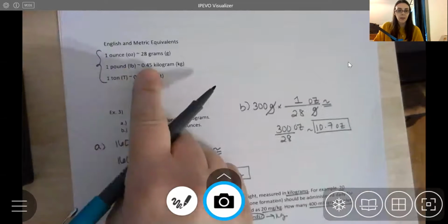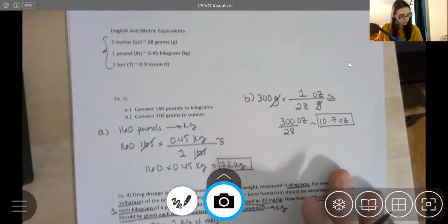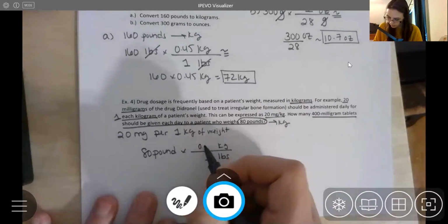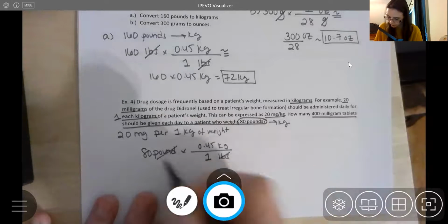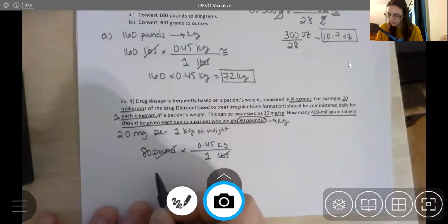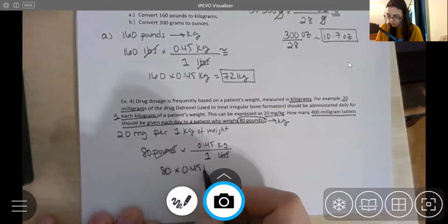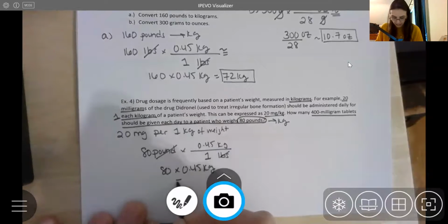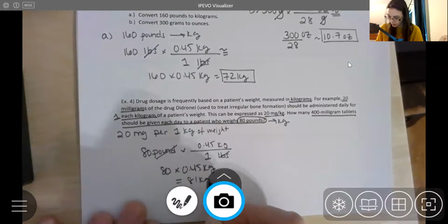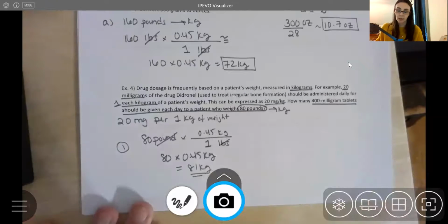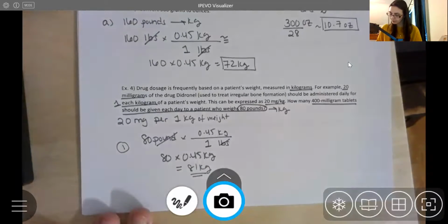So 1 pound is about 0.45 kilograms. Again, dividing by 1 isn't going to really change anything. So I have 80 times 0.45. And I get 81 kilograms. So the first thing is I have to figure out how much this person weighs in kilograms. So they weigh 81 kilograms.